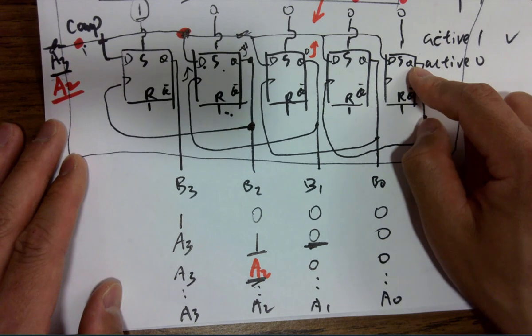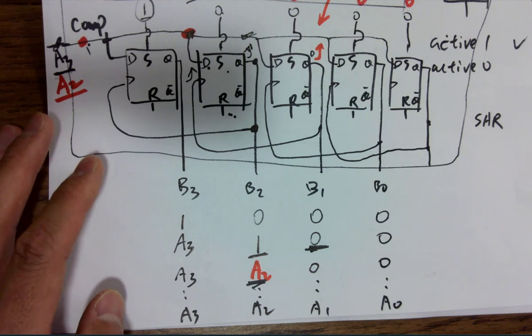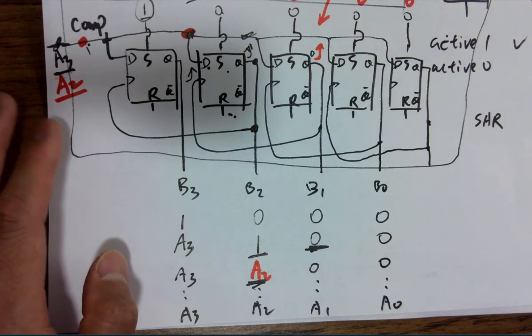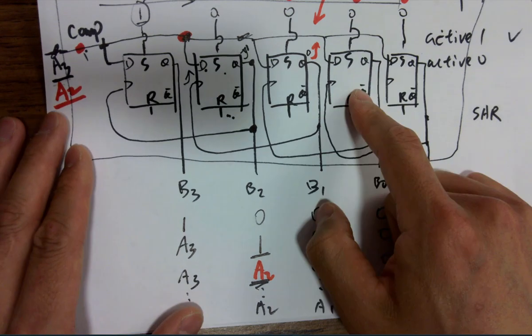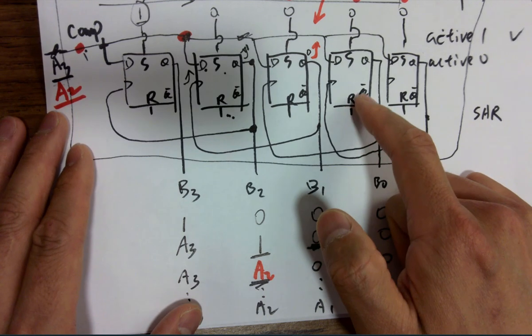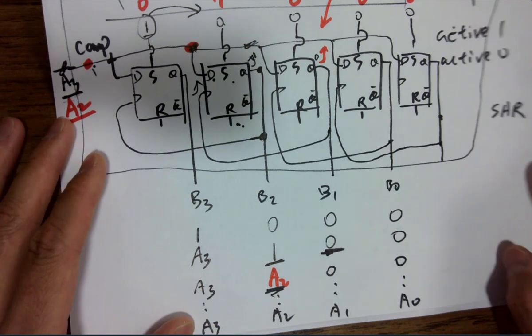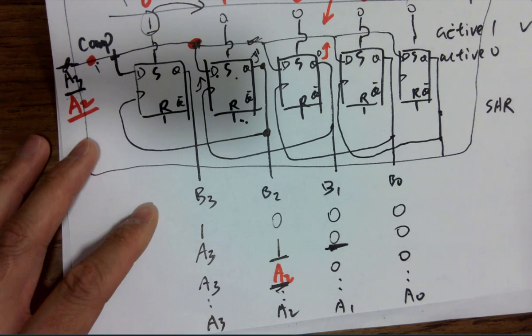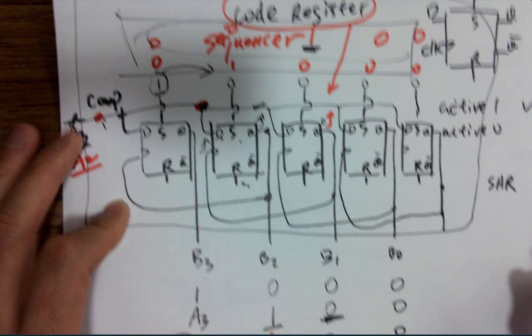If you don't have the last stage, who is going to give the rising edge? You need the last one waiting there, playing a supporting role, to give a rising edge to the clock of the previous one for the LSB here, right? Okay. So that's the code register circuit, and now we are going to look at the sequencer.